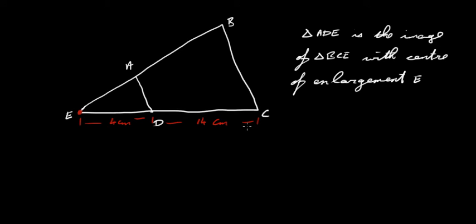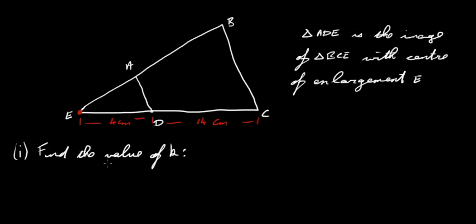So let's have a look at some questions that we can do around this particular triangle. Okay, so the first one, question number 1 then. Let's have a look. Question number 1 is just simply to find the value of k.